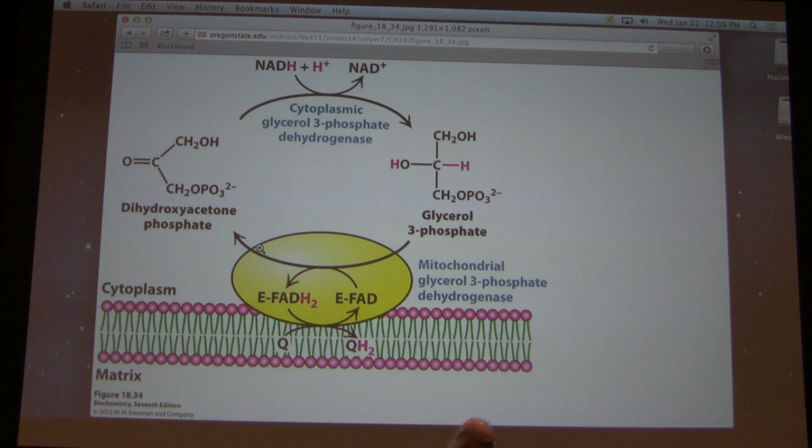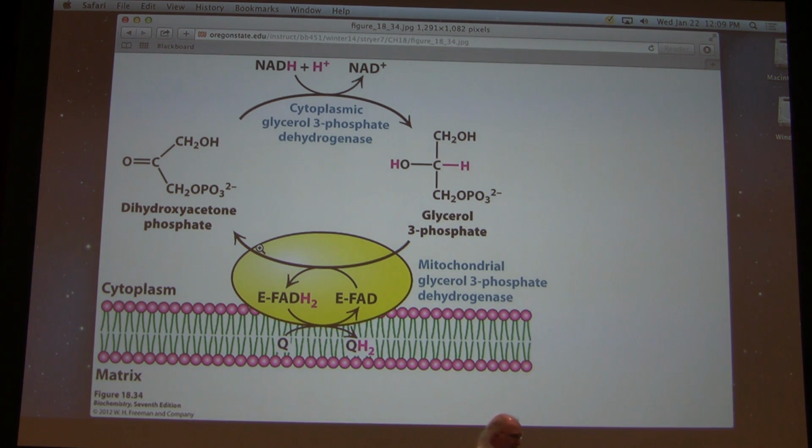Now, you remember when we talked about the proton pumps, we said that there were protons pumped by electrons going through complex 1, complex 3, and complex 4. There's enough protons pumped from each one of those to make 1 ATP, ultimately.